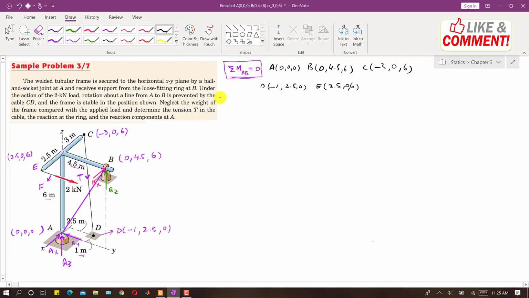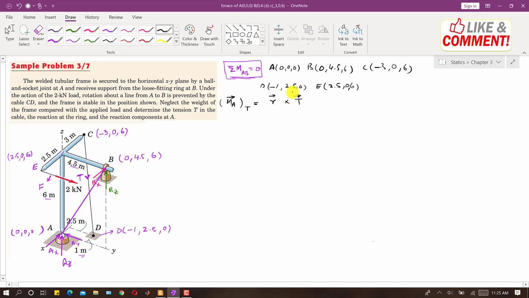Now if we want to find the moment of this tension in this cable about this point A, let me write the equation for that: the moment at point A due to the tension T. If we use the cross product method, then this will be R cross T vector.